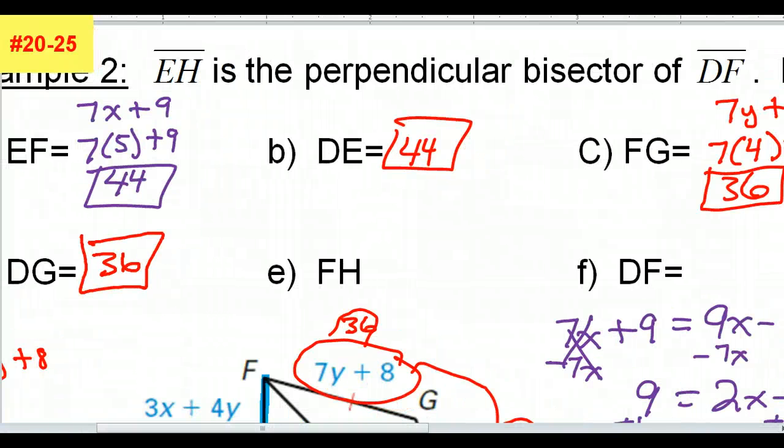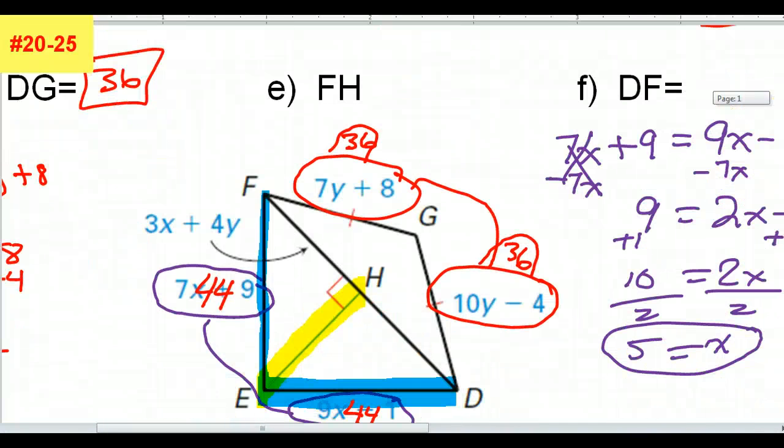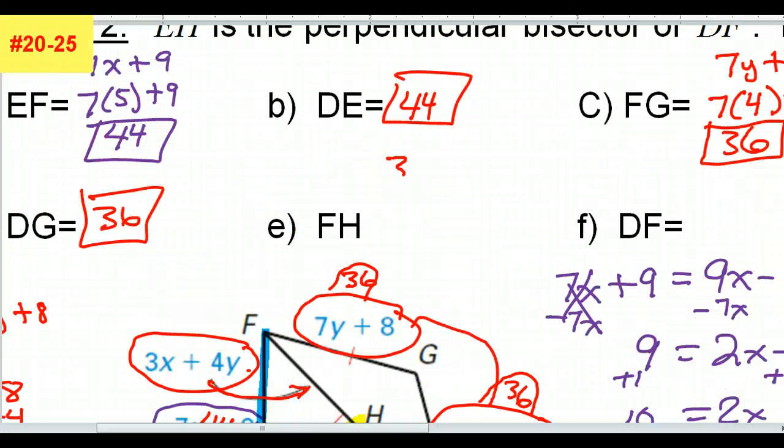All right, let's see. What about FH? FH. Whoa, that's weird. 3x plus 4y. That's right. Kiara says this one involves both variables. Okay, FH is this guy right here. Do you see it? It's the 3x plus 4y. So we'll do 3x plus 4y.